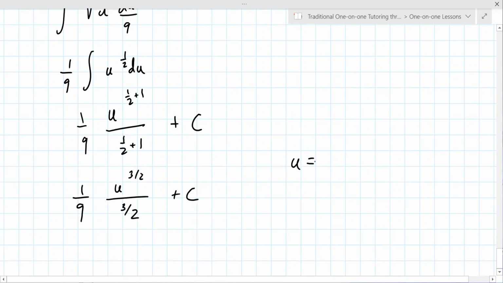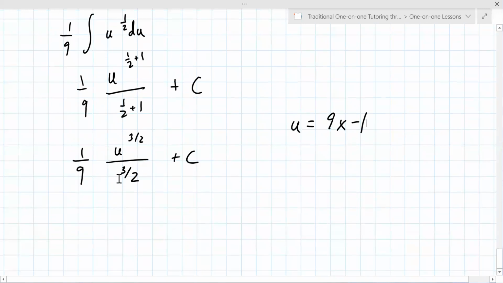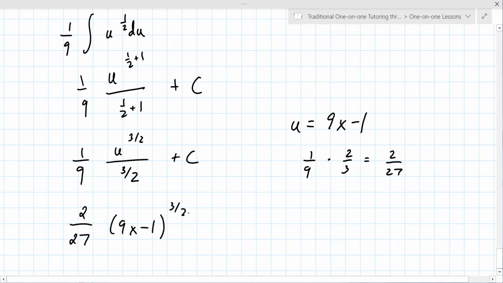Our u was 9x minus 1. So 1/9 times 2/3 is 2 over 27. So it's 2 over 27 times (9x minus 1) to the 3/2 plus c.